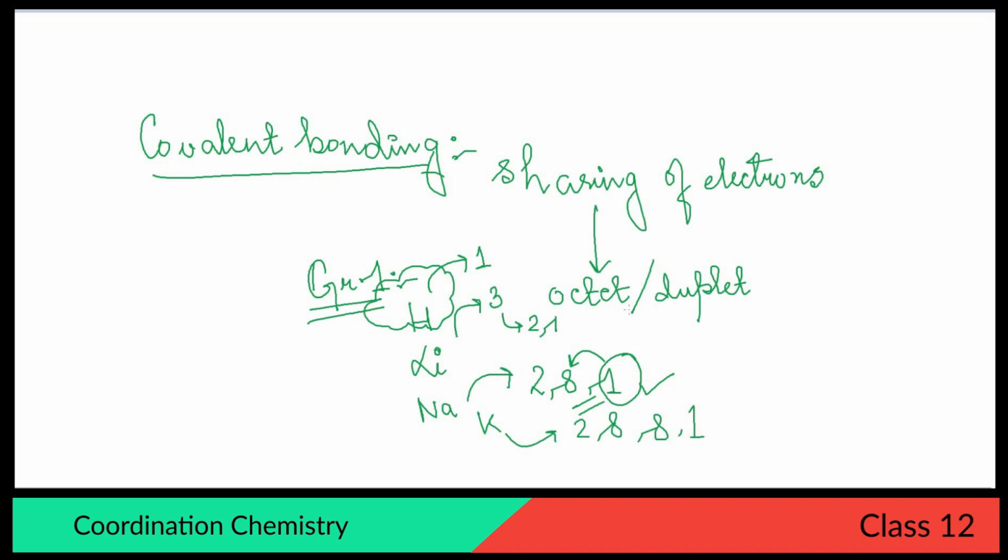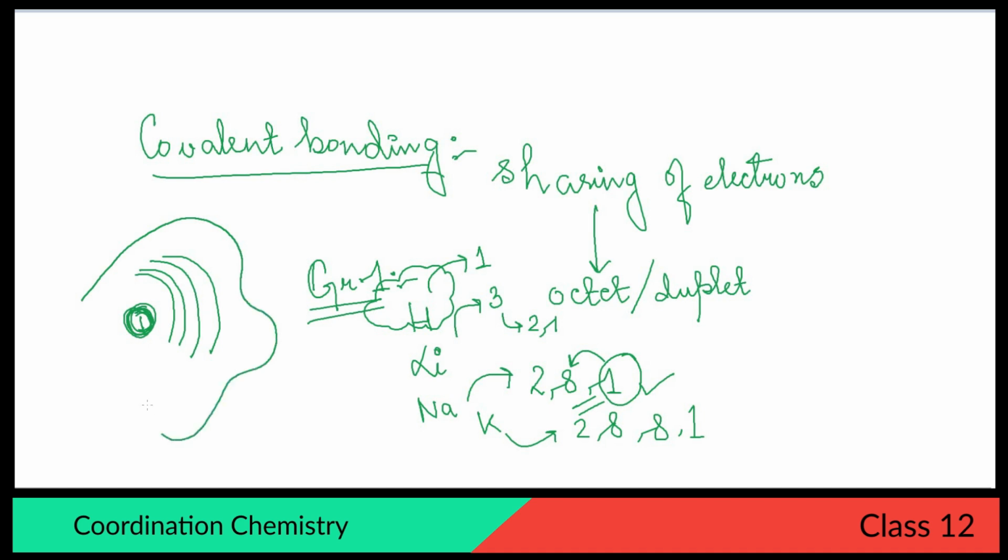Now, if it has to lose the one electron, then there will be a situation where the shells which are present in an atom will have no electrons, whereas the nucleus that is present in the center would have one proton, right?